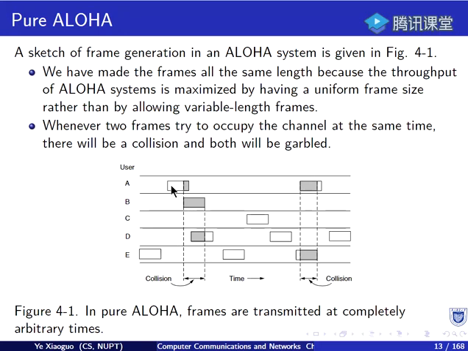For example, users A, B, D are transmitting their frames. They have overlap in the frame transmitting time. Then in this period, the frames are collided.